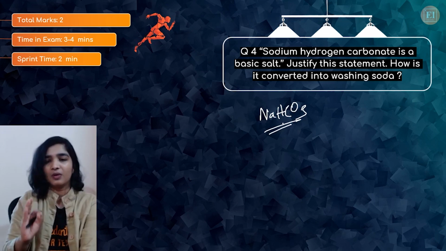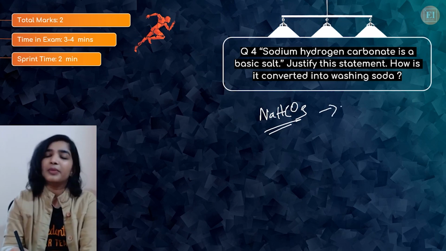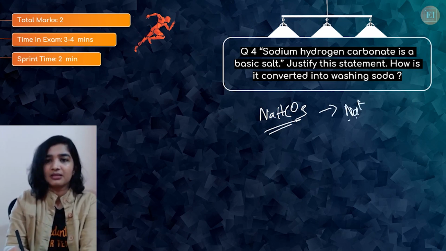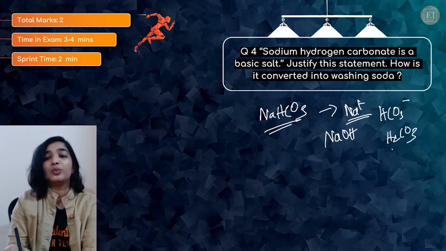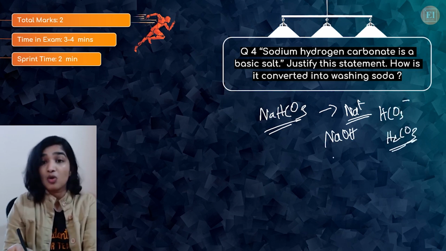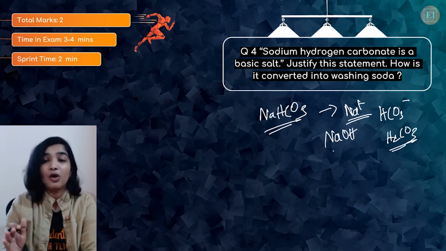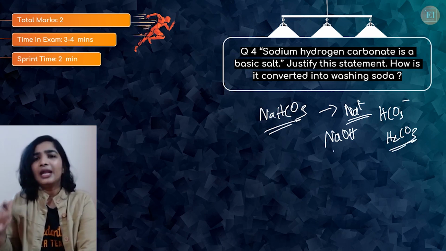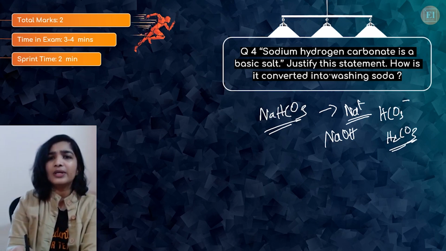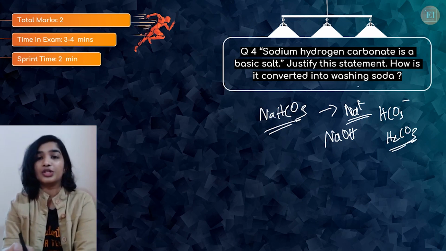Yes, we proved it already. Let's do it again. Because Na plus is from NaOH, HCO3 minus is from H2CO3, which is a weak acid, and NaOH is a strong base. So the salt formed will be a basic salt. Now the next question is, how is it converted into washing soda?